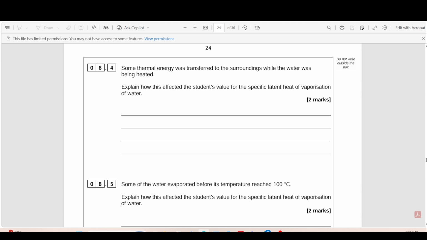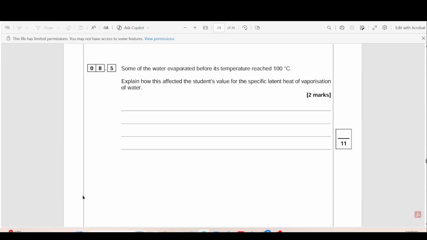Some of the water evaporated before its temperature reached 100 degrees. Explain how this affected the student's value for the specific latent heat of vaporization of water.